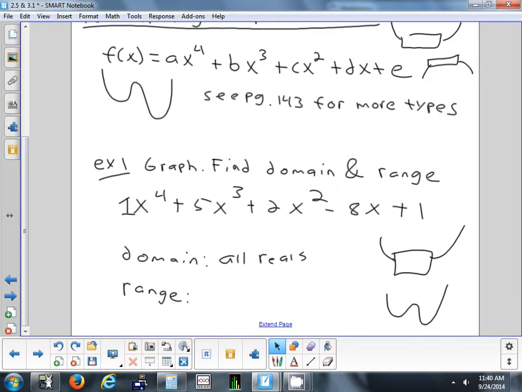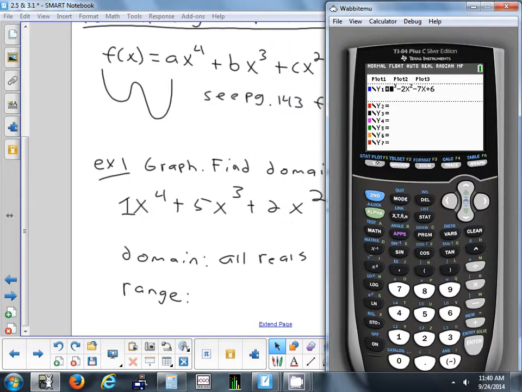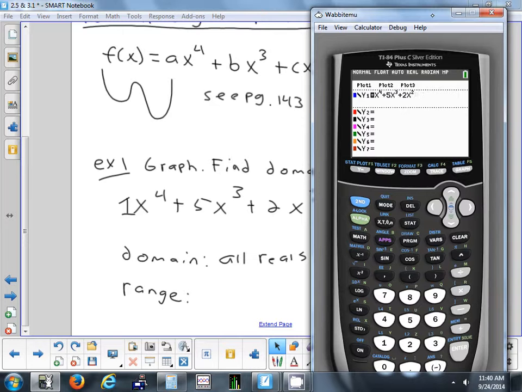Okay, so let's graph it. Let's see what we got. So we have x to the fourth plus 5x cubed plus 2x squared minus 8x plus 1.